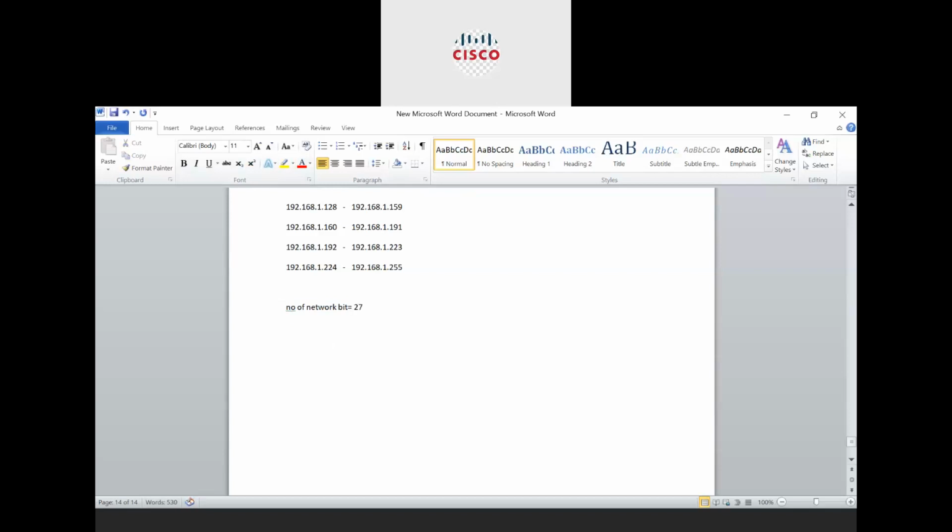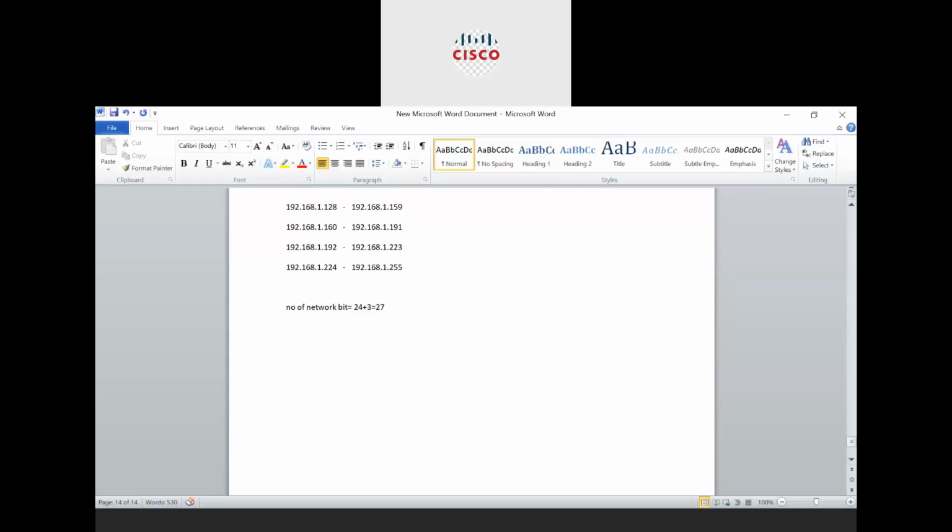Why? Because we have 24 network bits by default, and we are going to add 3 more because 3 bits have been borrowed from the host. So 24 plus 3 is 27. The subnet mask will also be calculated according to 27 network bits.